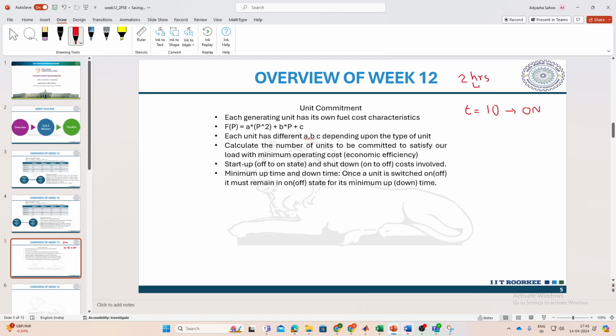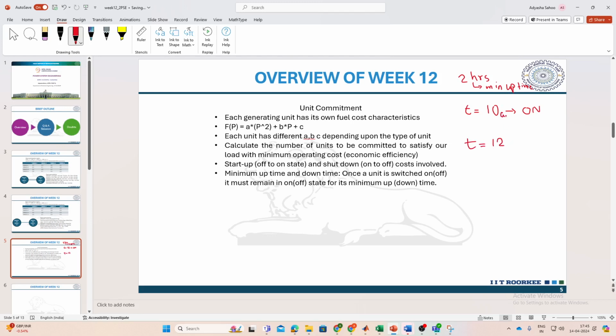So it means that you can switch off this unit only after 12.